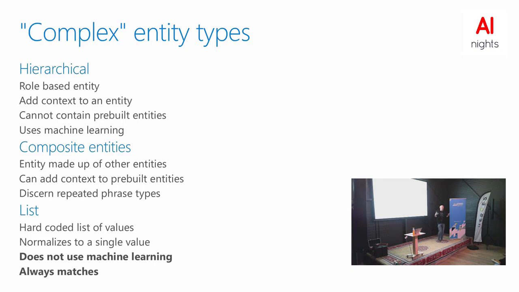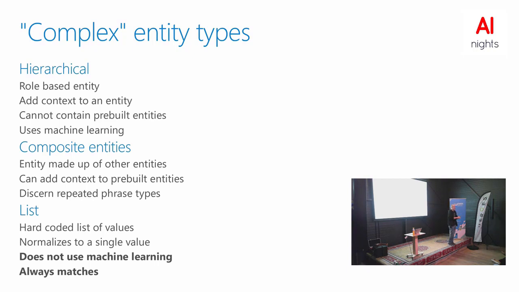And the whole goal of a hierarchical is to add context. So if I was creating something where I said, hey, I want to go from Seattle to Amsterdam, I could tell it, hey, Seattle and Amsterdam mean the same thing, but I just want to give it a little bit of additional context. One of them is going to be the source, the other one is going to be the destination.